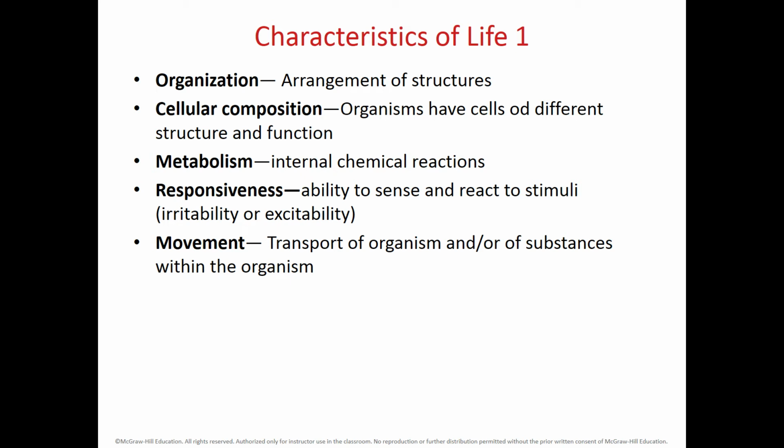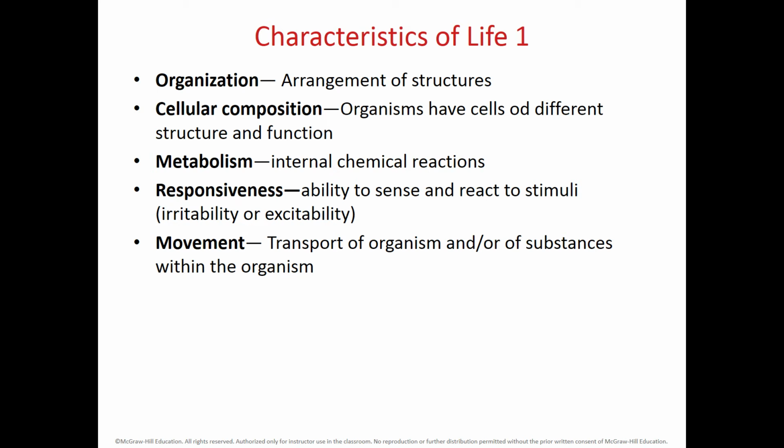And then our organisms have chemical reactions that are constantly happening inside our bodies that we know as metabolism, because we are always making structures, and then we are remodeling these structures, or we are breaking chemical bonds to gain energy, etc. So one of the characteristics of life is that an organism has a metabolism.